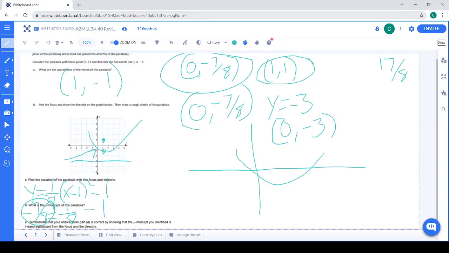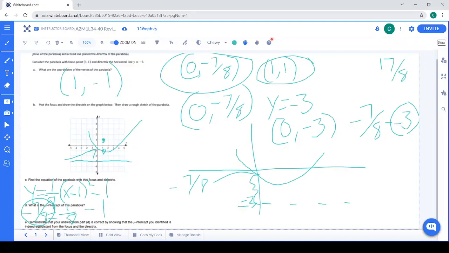If we have a point, this point right here, our y-intercept, and we know that this is -3. We're just looking for this distance. Well, it's on a straight line. We're not at an angle or anything like that. So, I can just simply say -7/8 minus -3. Right? That's just finding the distance between this point of -7/8 and -3.